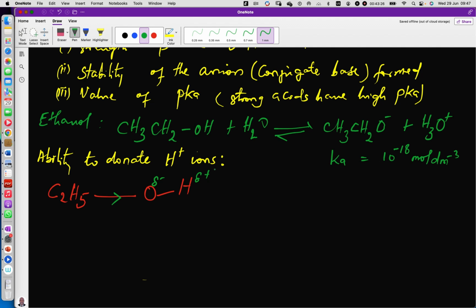As I said, the ethyl group is electron donating, and since it is electron donating, it increases the charge density on the oxygen of the OH. And if it increases the charge density on the oxygen of the OH, what happens? The ability to lose the hydrogen is difficult.